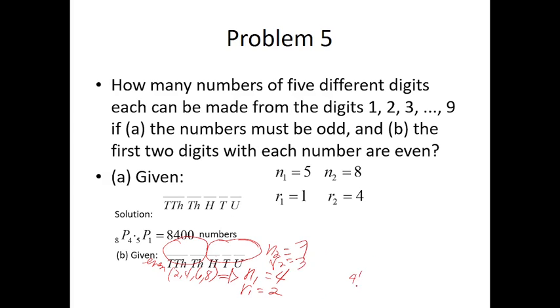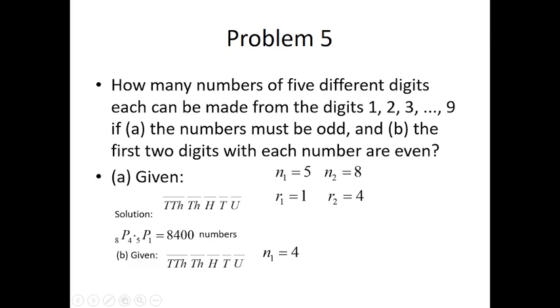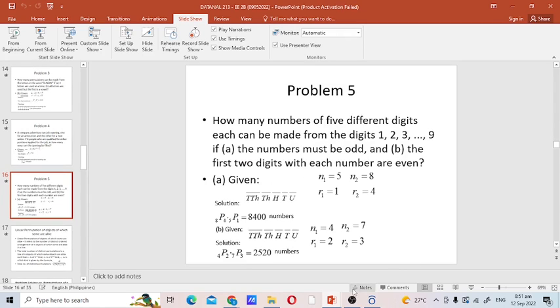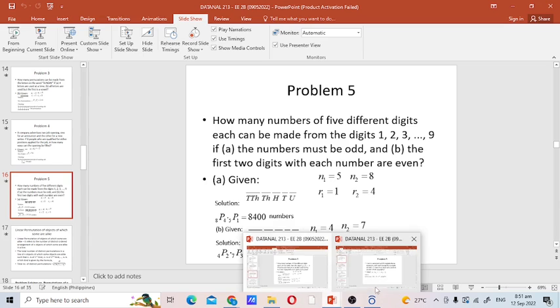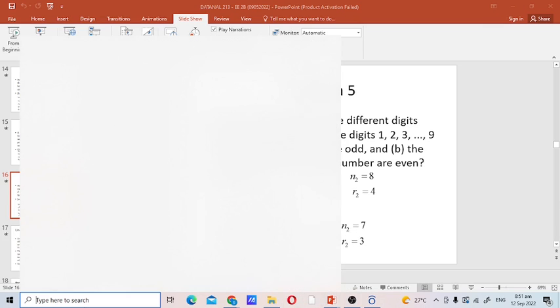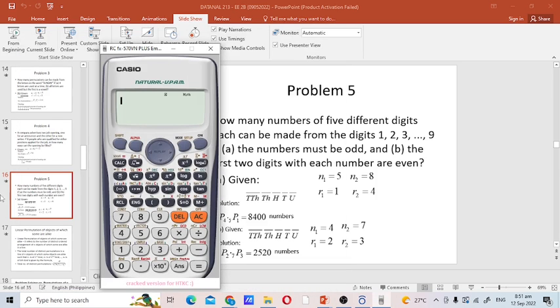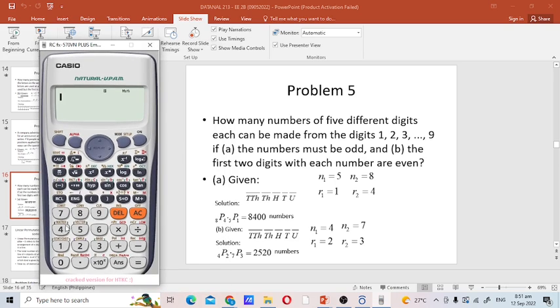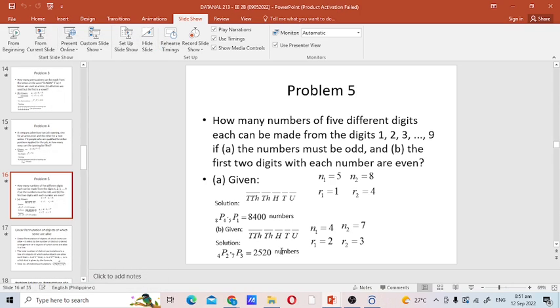Therefore, 4P2 times 7P3, and we'll get 2,520. Actually, we can go directly to the calculator. So we can compute that directly on the calculator.